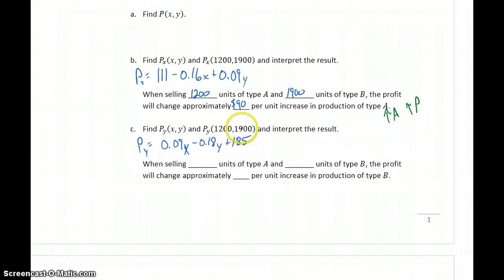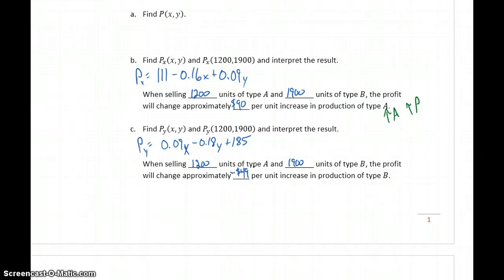So the 1200 and 1900 are our current production levels. So when we're producing 1200 type A calculators and 1900 type B calculators, if we increase production of the type B calculators by 1 unit, then our profit is going to change by negative $49.